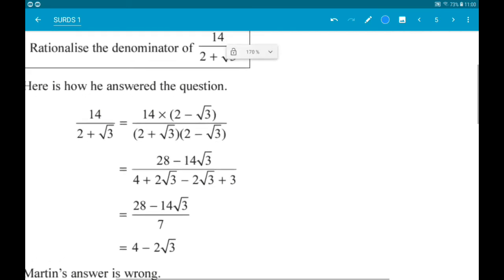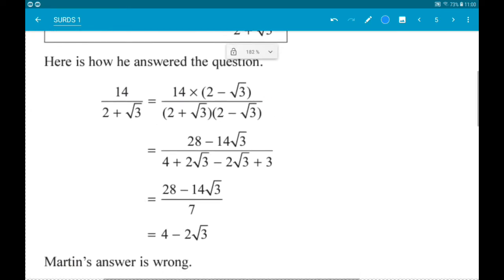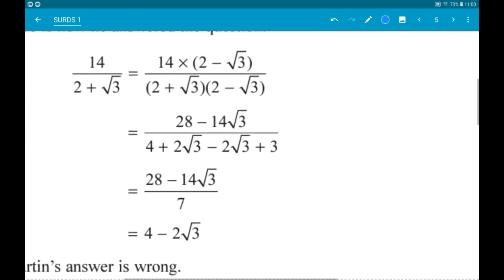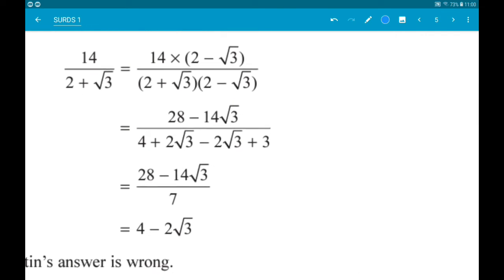So, to rationalise two-term denominators, we use the difference of two squares. So the denominator was 2 add root 3, so he has correctly multiplied by 2 minus root 3 on top and bottom. So the first step is right.